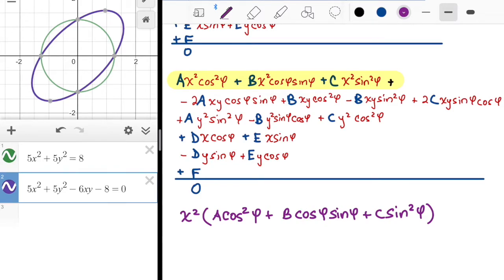Then in the next piece, I'm going to say plus, and we're going to yank out the xy, so plus xy.